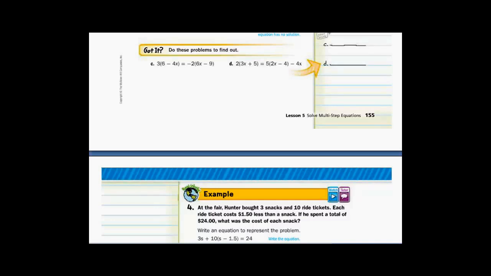So if it comes out matching on both sides, you would either write out identity, or you would write out all real numbers, because both sides match and that is true. On D, you can give me the symbol for the null set, or you can write out the words no solution.